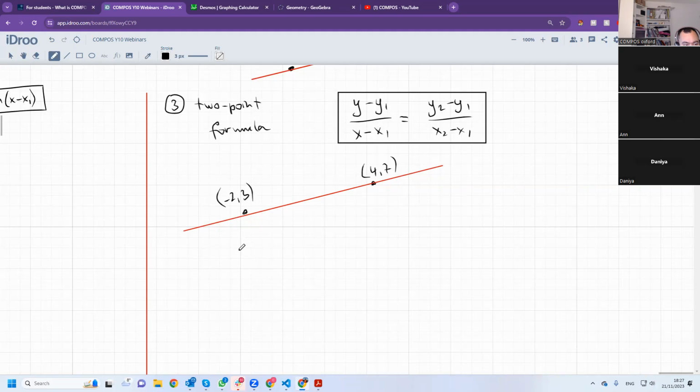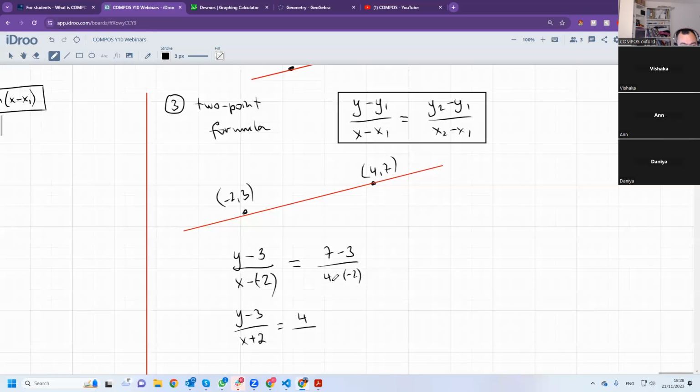Y minus y1, so y minus 3, over x minus x1, x minus minus 2, equals y2 minus y1, so 7 minus 3, over x2 minus x1, so 4 minus minus 2. So y minus 3 over x plus 2 equals 4 over 6.